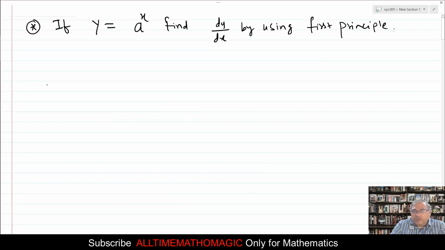If y equals a raised to x, find dy by dx by using first principle.